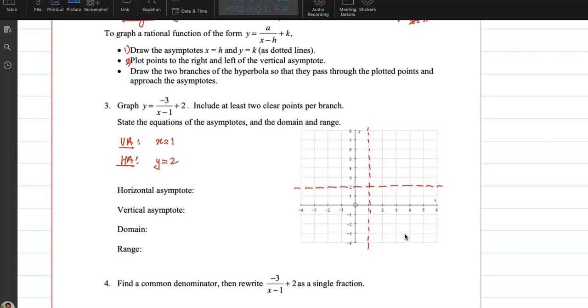Now take the points on the right and left of the asymptote.